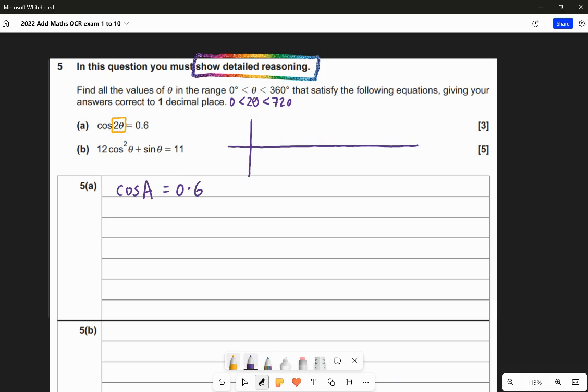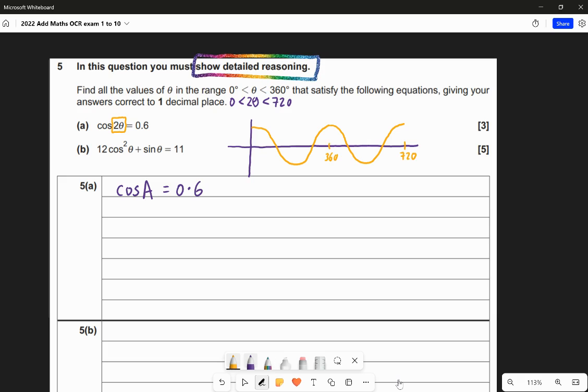The cosine function starts at 1. So that's one full turn of the function. So that's 360 degrees, but I need another full turn of the function. So that's 720. Okay, and 360 there.